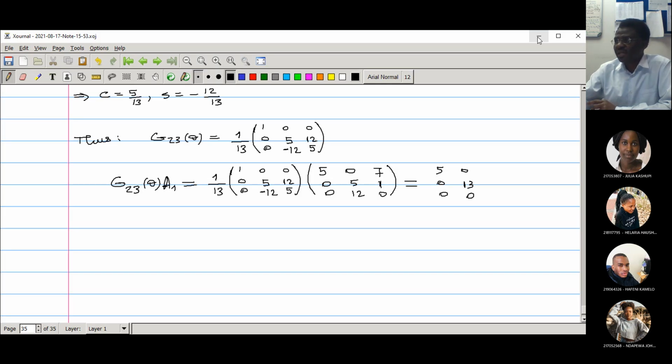The first 7 is not modified, and then 5 by 13.